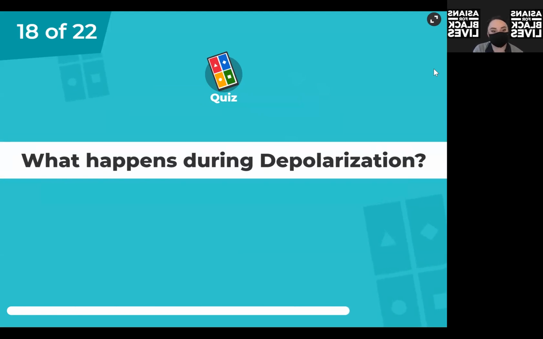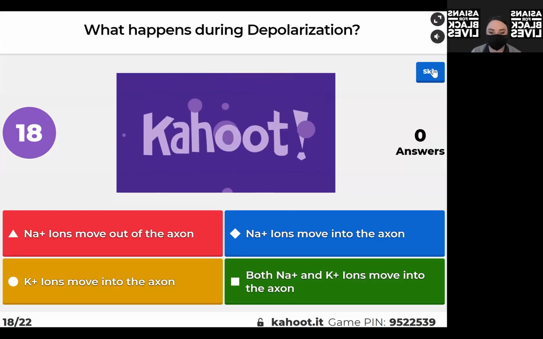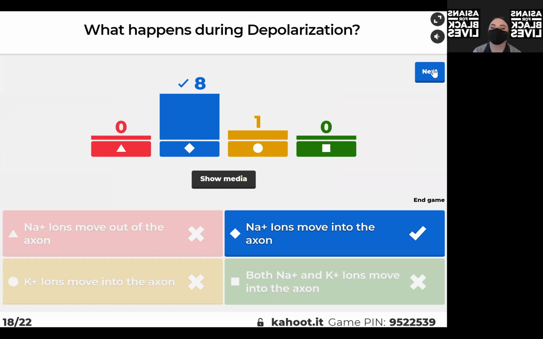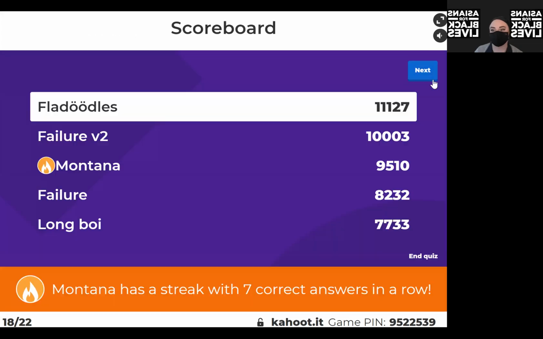Then what happens during depolarization? Good. Sodium ions move into the axon.